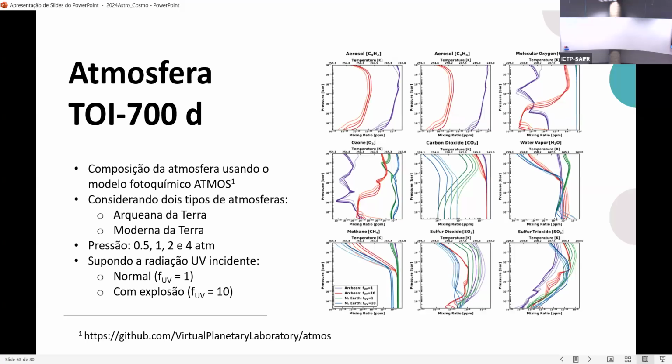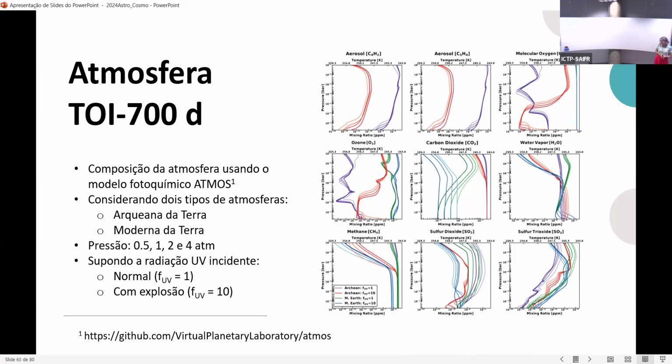So these are aerosols, oxygen, ozone, carbon dioxide, water vapor, methane, sulfur dioxide, and sulfur trioxide. And again, we did it for 2 types of atmospheres, the Archean and modern Earth, for 4 pressures. Those differ only in the density of the atmosphere. So an atmosphere of 1, 2, and so on, and then we did 2 cases of incident ultraviolet.